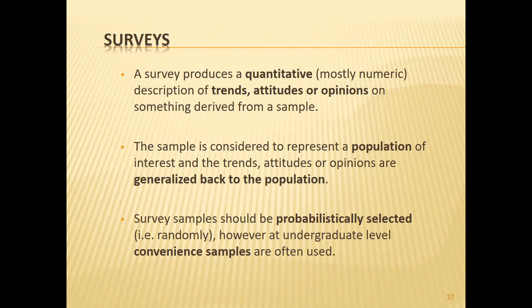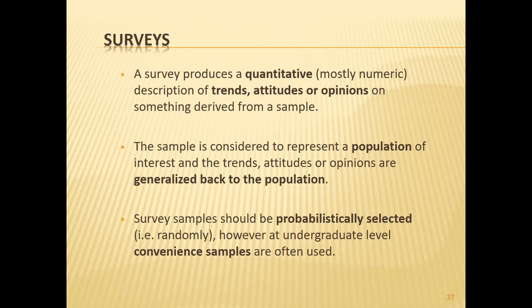Let's say you're dealing with a population of 10,000 people plus minus, you would then maybe pick 200, as an example, from that randomly.